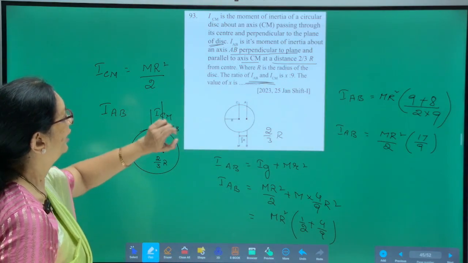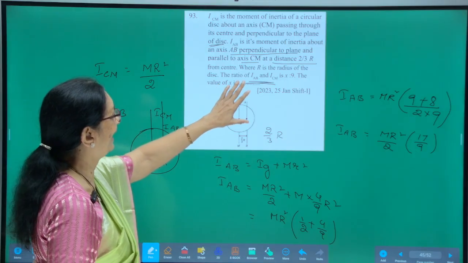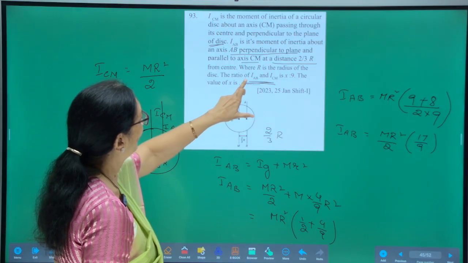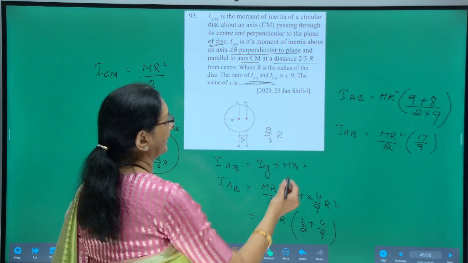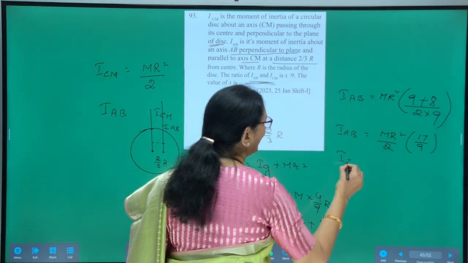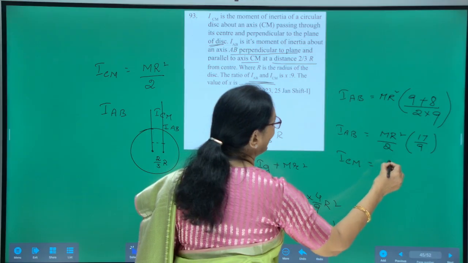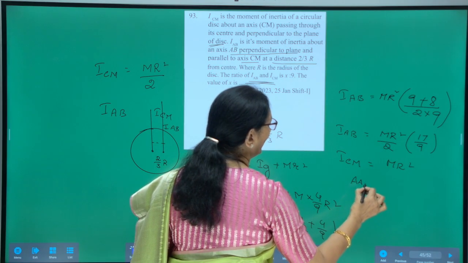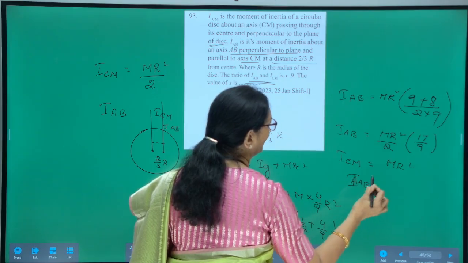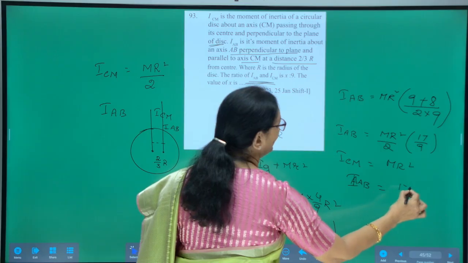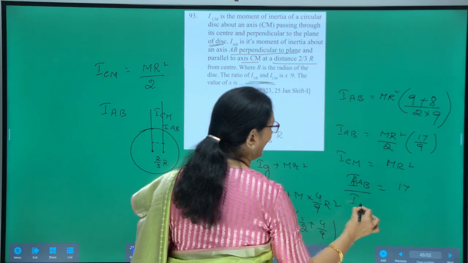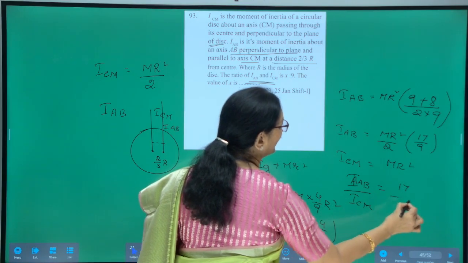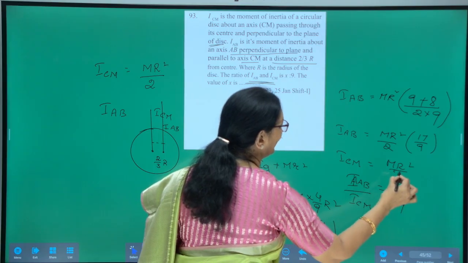So, here what is asked? The IAB to ICM ratio. ICM is mr square by 2. So, the ratio IAB by ICM will be equal to 17/9, isn't it?